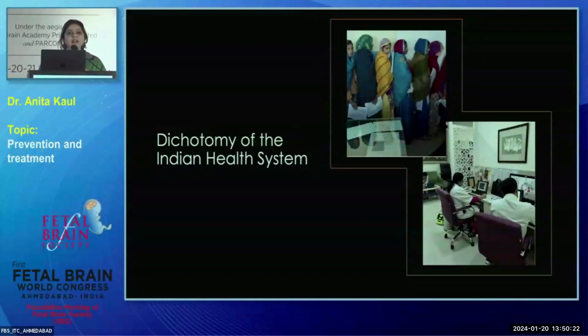And in our side, in the private sector, where they are quite diligent with their first trimester scan, we don't actually screen women for CMV.